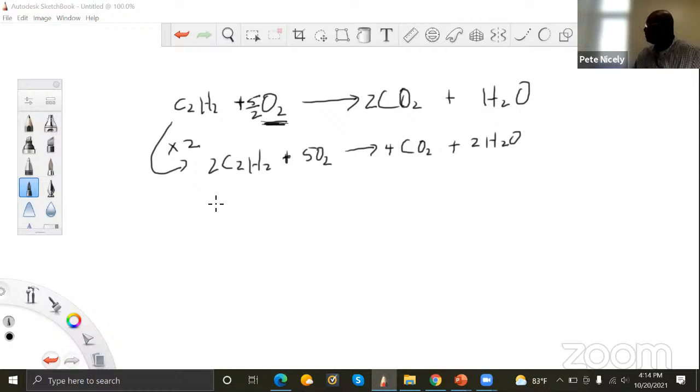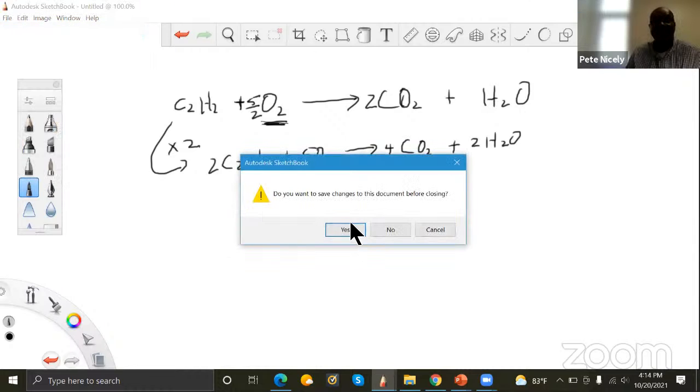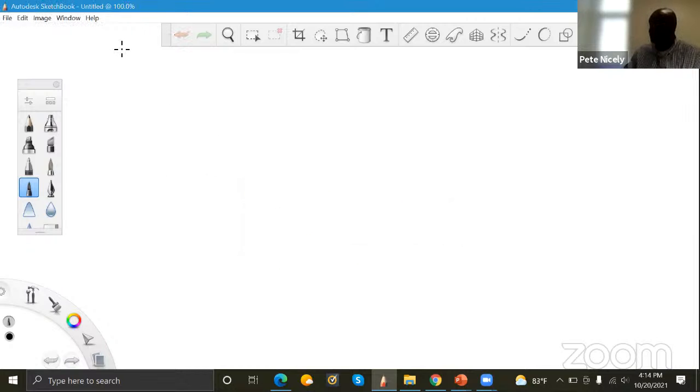The second one says potassium oxide plus water gives you potassium hydroxide. So how would you solve that one? Potassium oxide plus water to give you potassium hydroxide. So what's the formula for potassium oxide?